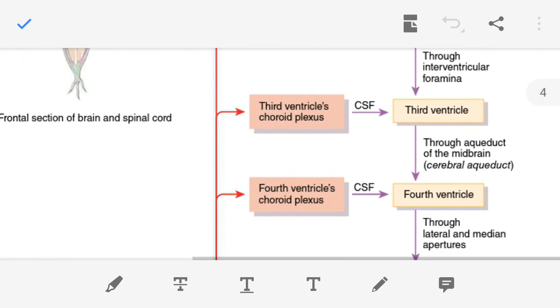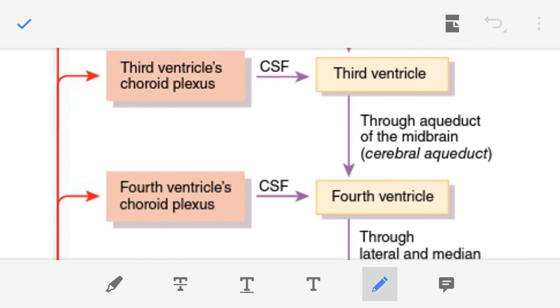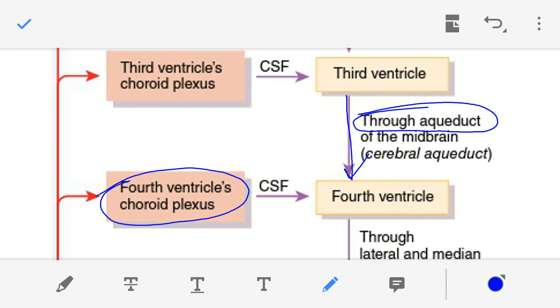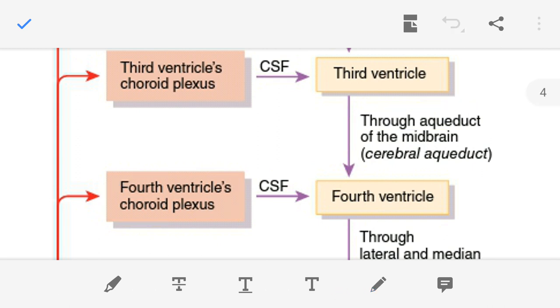Now from the third ventricle, through the aqueduct, CSF enters into the fourth ventricle. Here the fourth ventricle's choroid plexus also adds CSF into the fourth ventricle.